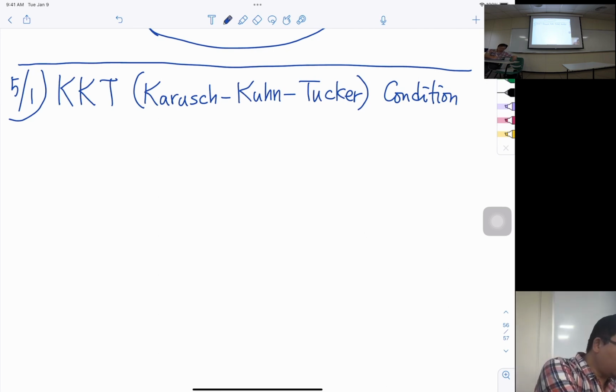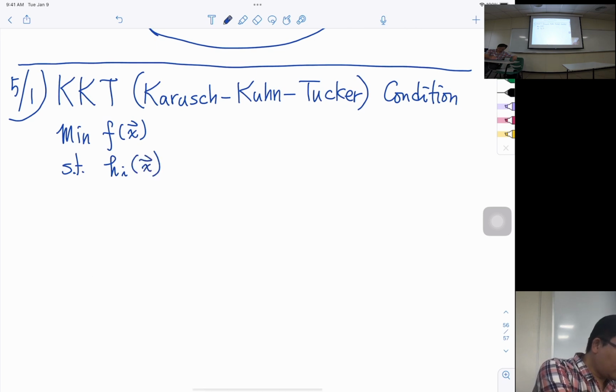Now, for a general constrained optimization, we usually have a formulation like this. I'm just following my notes. So this time, I'm writing the equality constraints first.